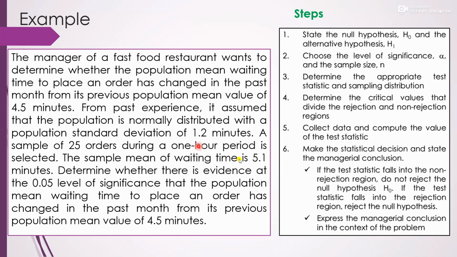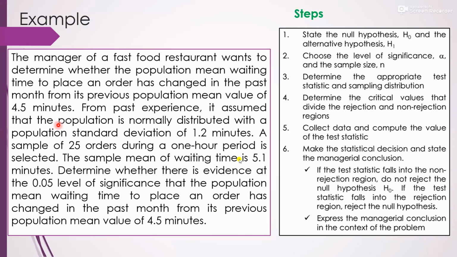After identifying the parameter, you have to define the parameter related to this problem. The parameter is a population mean, usually denoted by mu. Now we have to define what mu is in this case.